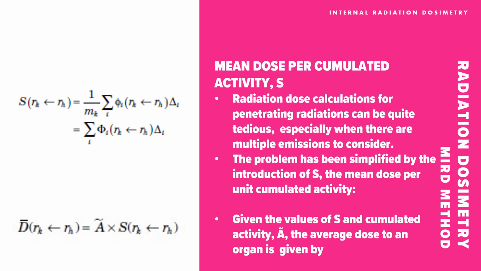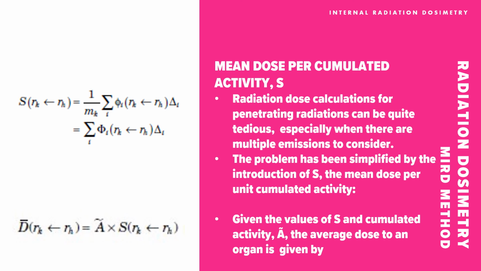Because radiation dose calculation, especially for penetrating radiation, can be a little bit complicated, sometimes very tedious, especially when you are facing multiple emissions in internal radiation dosimetry. So that's why people use this, as it makes it easy to simplify the whole problem you are facing here. So how exactly do you measure S?